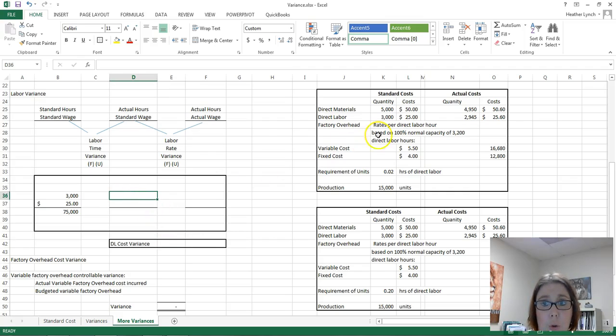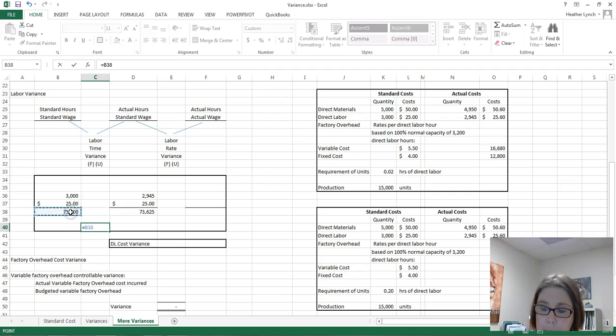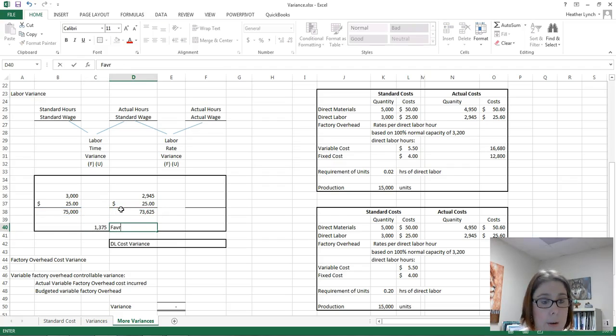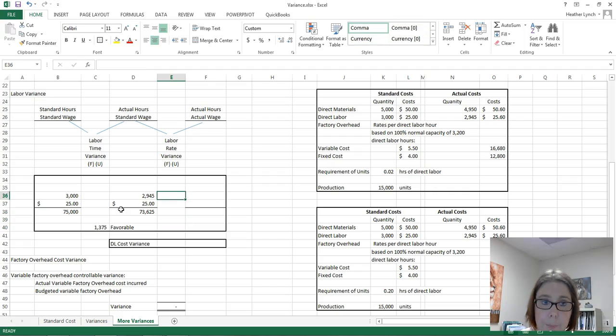Actual hours. We actually only had 2,945 hours. We still take it times our standard wage. Multiply those. So we have 73,625. Take the difference between these. So we are favorable for our time variance.